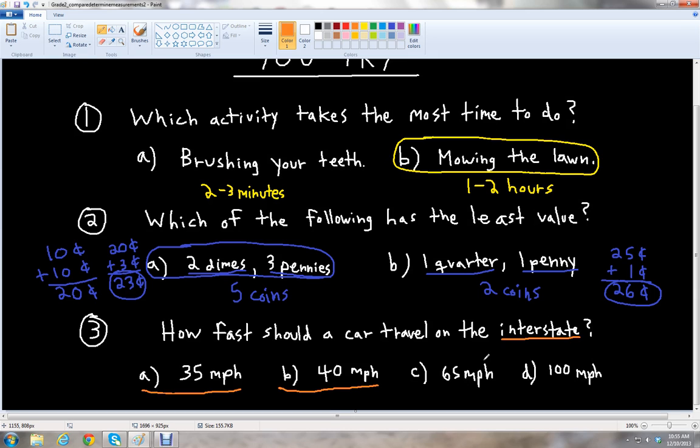So 65 would sound about right, and 100 miles per hour would actually be going over the speed limit. So you would definitely be speeding, and a police officer will pull you over to give you a speeding ticket if you travel that speed. So don't drive 100 miles per hour on the interstate. That's too fast. So I think the speed the car should travel would be 65 miles per hour.